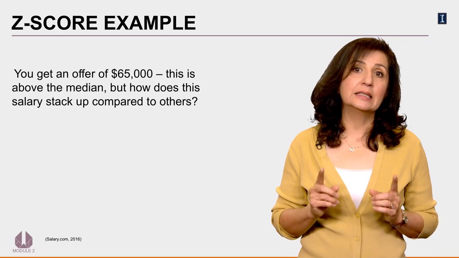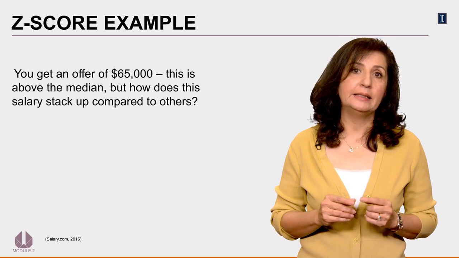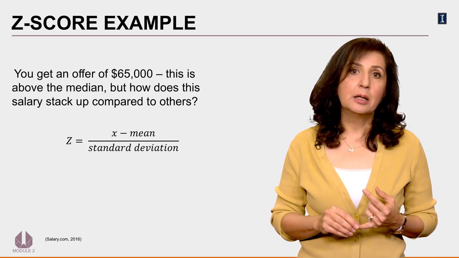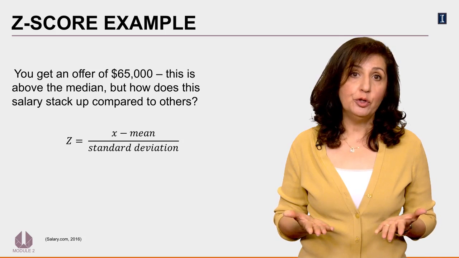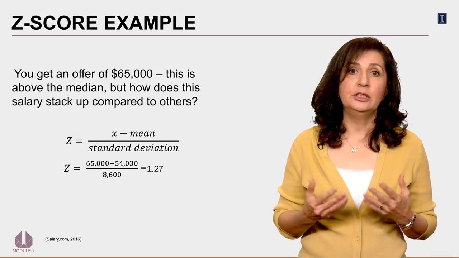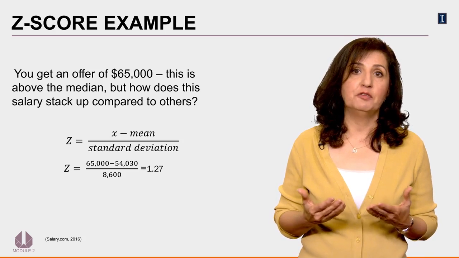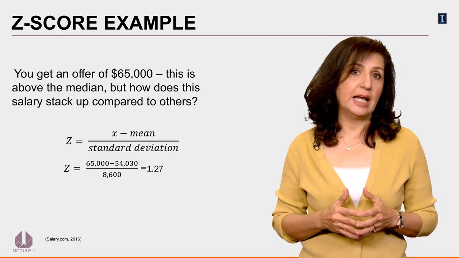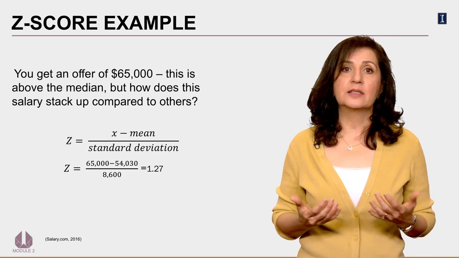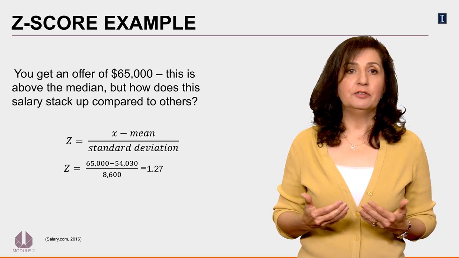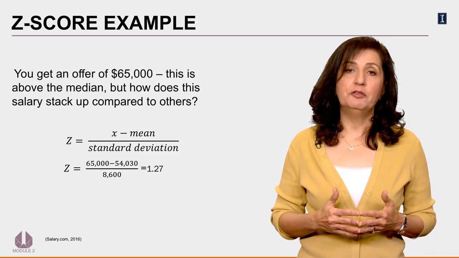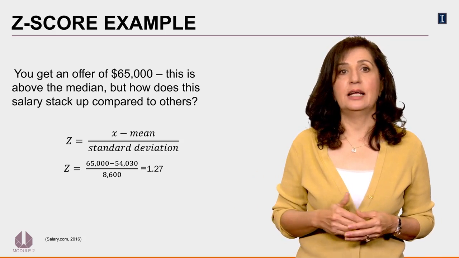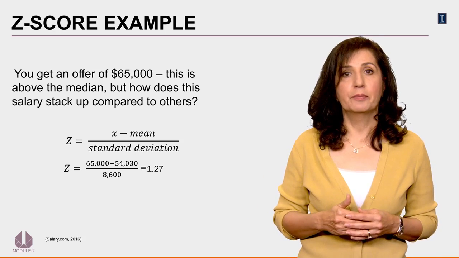This is known as the z-score and is calculated by taking x minus the mean and dividing it by the standard deviation. For you, the x is the salary offered to you of 65,000, and the average salary is 54,030. Standard deviation 8,600. This means you received an offer which is 1.27 standard deviations above the mean.